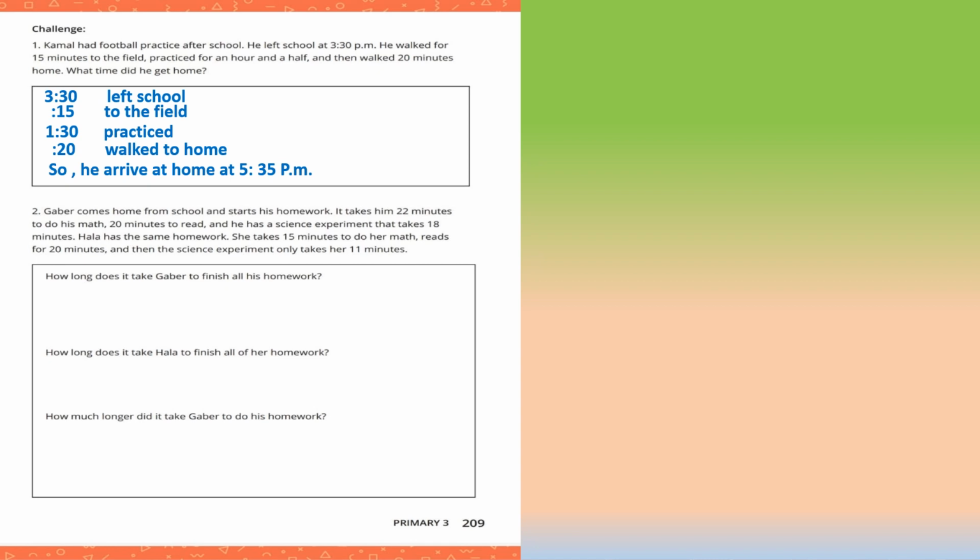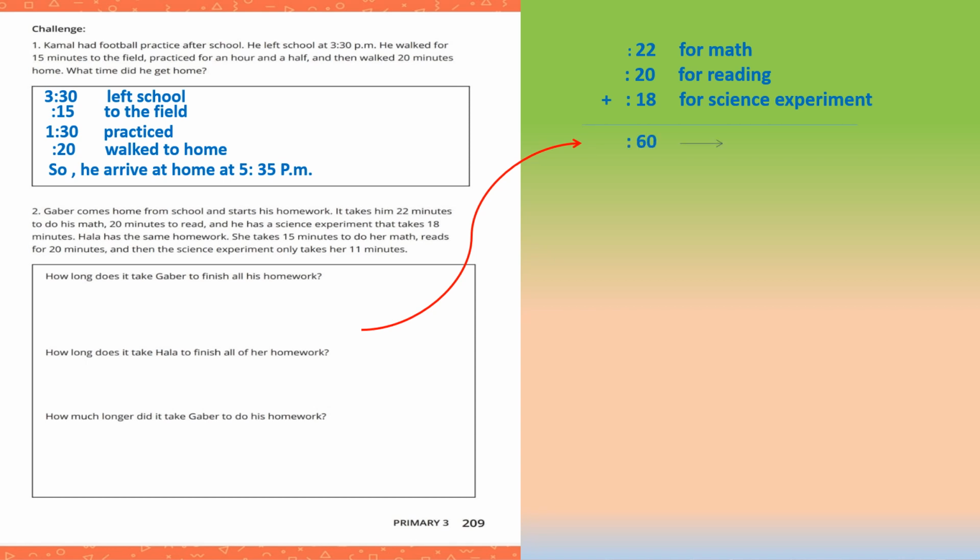How long does it take Gaber to finish all his homework? Let's see. 22 minutes for math, 20 for reading, 18 for the science experiment. Let's add. It will be 60 minutes. 60 minutes means 1 hour. So he will take 1 hour to finish his homework. Number 2.